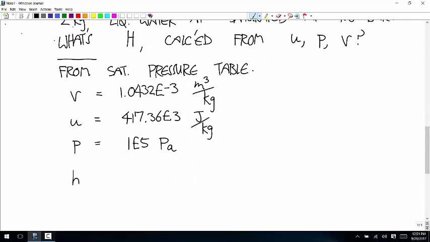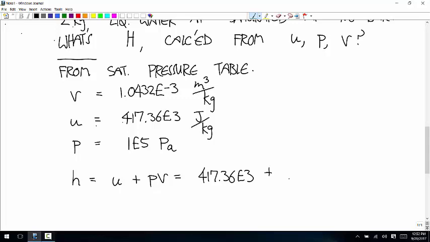The specific enthalpy is the specific internal energy plus P times the specific volume. So that's 417.36 times 10 to the third joules per kilogram. All these are in SI units now, so I'm going to leave the units off.